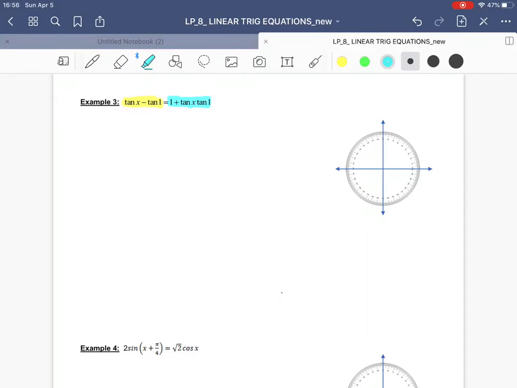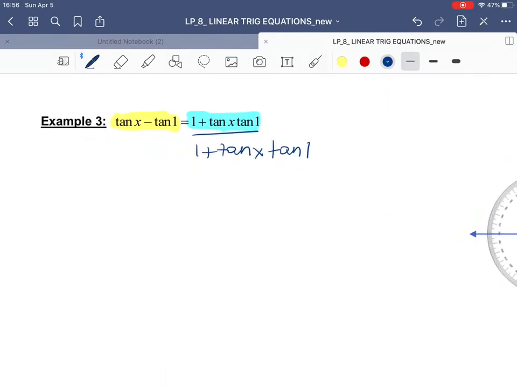So what we are going to do is divide both sides of the equation by the right side, which is 1 plus tan x tan 1. I'll make this bigger because it's a little tight in here. And then 1 plus tan x tan 1.